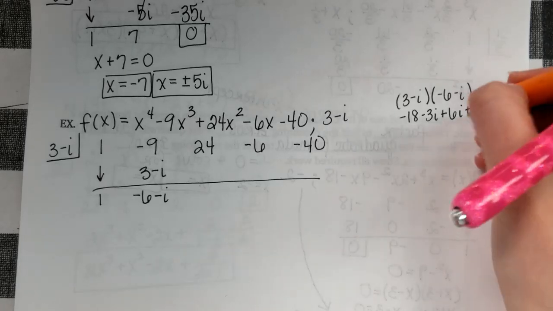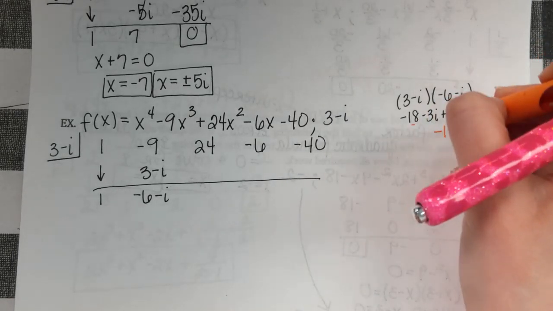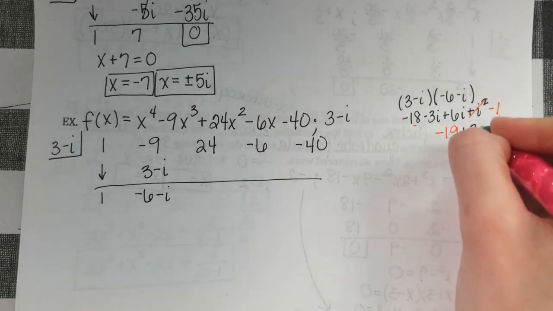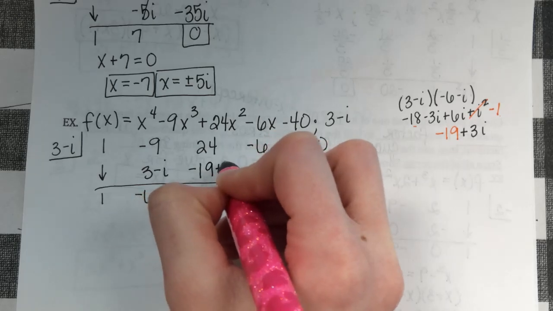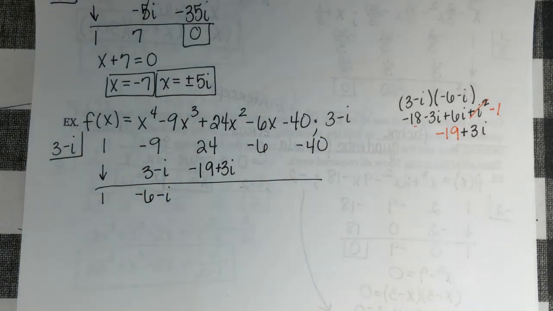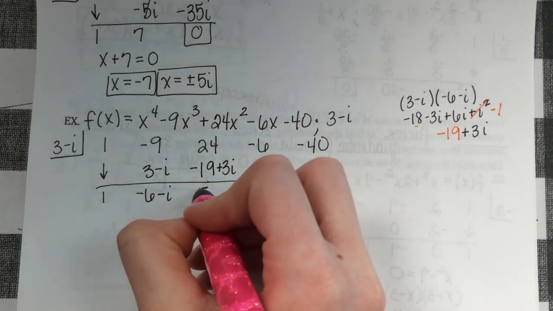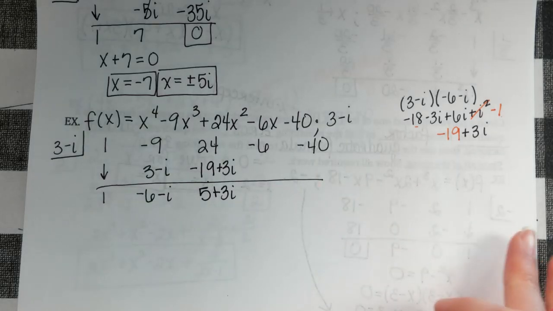Okay, that i squared is a negative 1. Negative 18 minus 1 is negative 19 plus 3i. So negative 19 plus 3i goes lined up with the 24. So then 24 minus 19 gives me 5 plus 3i.